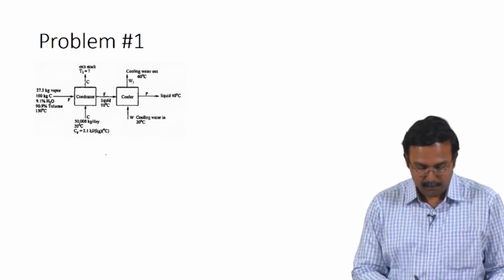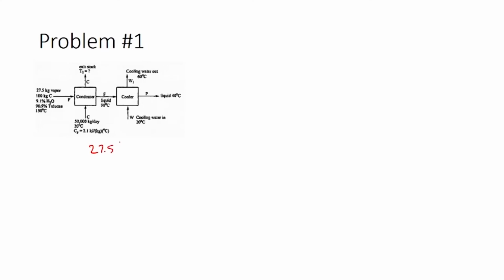So, let us perform the material balance to get the feed input. So, we have 27.5 kilograms of vapor fed per 100 kilograms of coolant. So, we actually have 50,000 kilograms per day of coolant coming in, which means the mass of vapor which is fed would be 27.5 divided by 100 times 50,000.